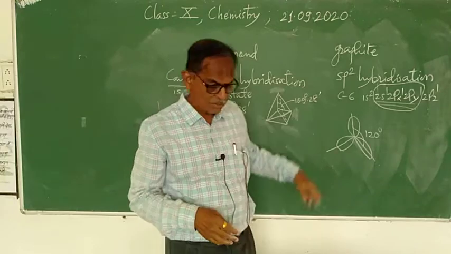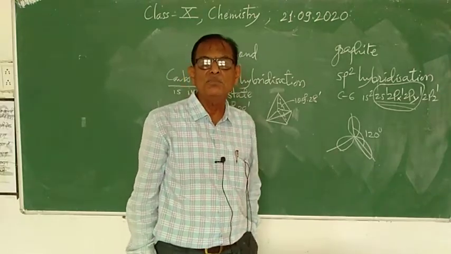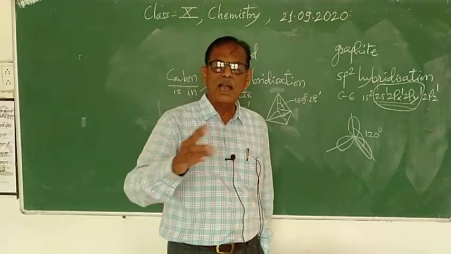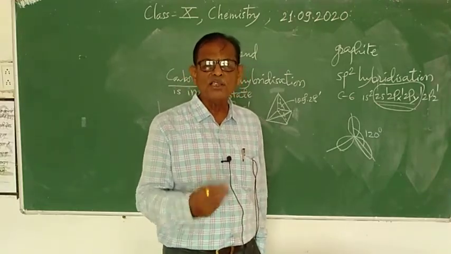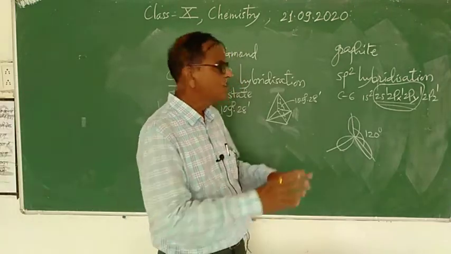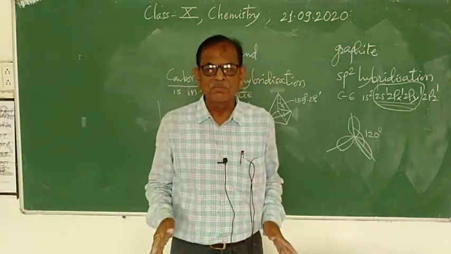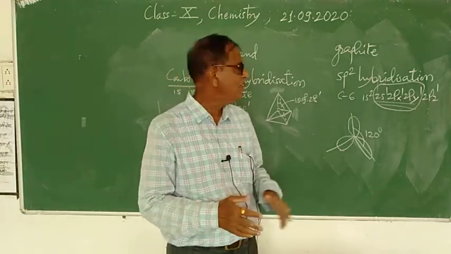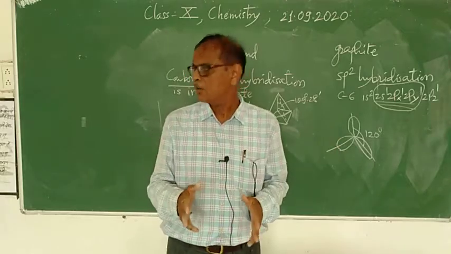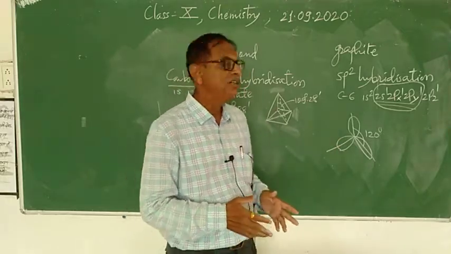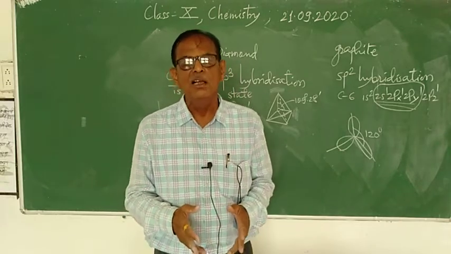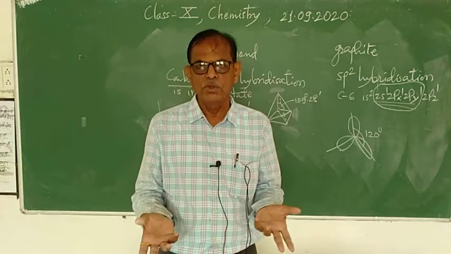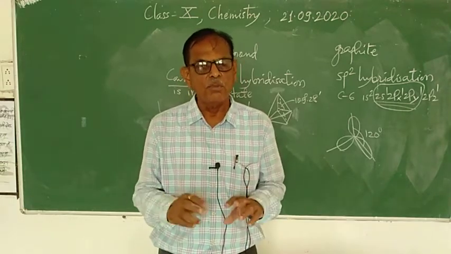And here, because of the pi bond, what happens? The electrons of the pi bond are loosely held and are mobile. Therefore, when a small amount of energy is supplied, the pi bond breaks and electrons get liberated free, and these electrons are responsible for the conduction of electricity, because electric current is nothing but the free flow of electrons.